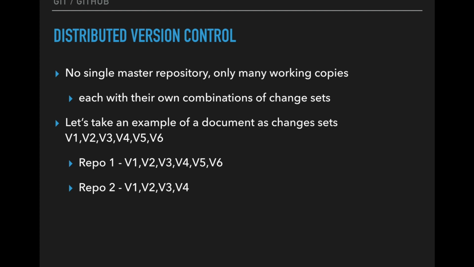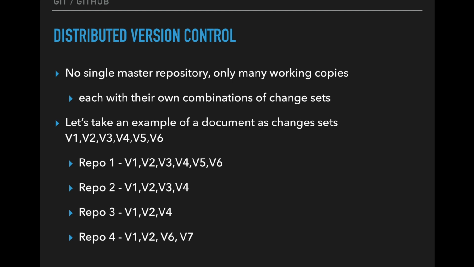It doesn't mean that repository 2 is behind repository 1 or that it needs to be brought up to date. It's simply that it doesn't have the same change sets. We can have a repository 3 with only version 1, version 2, or version 4, or we can have a repository with version 1, version 2, version 6, and at a later point of time we can add version 7 to this repository 4, and we can easily merge it to any other repository like repository 3 or 2 or 1.